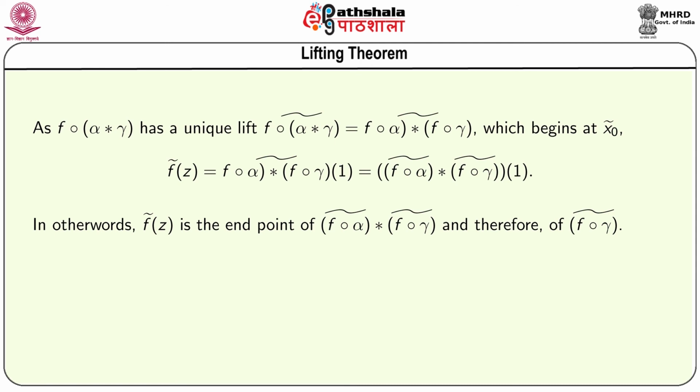In other words, F tilde z is the end point of F composed alpha tilde star F composed gamma tilde, and therefore of F composed gamma tilde.